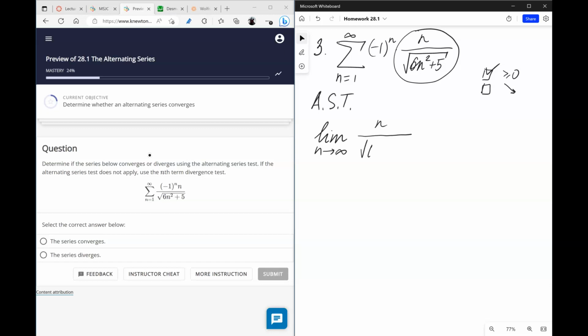We're going to take the limit of the nth term, and we're going to learn that the limit is equal to 1/6, which is not equal to 0. So regardless of whether it's going down or not, we're not doing the alternating series test here. We're actually utilizing the divergence test. So this series diverges by the divergence test.